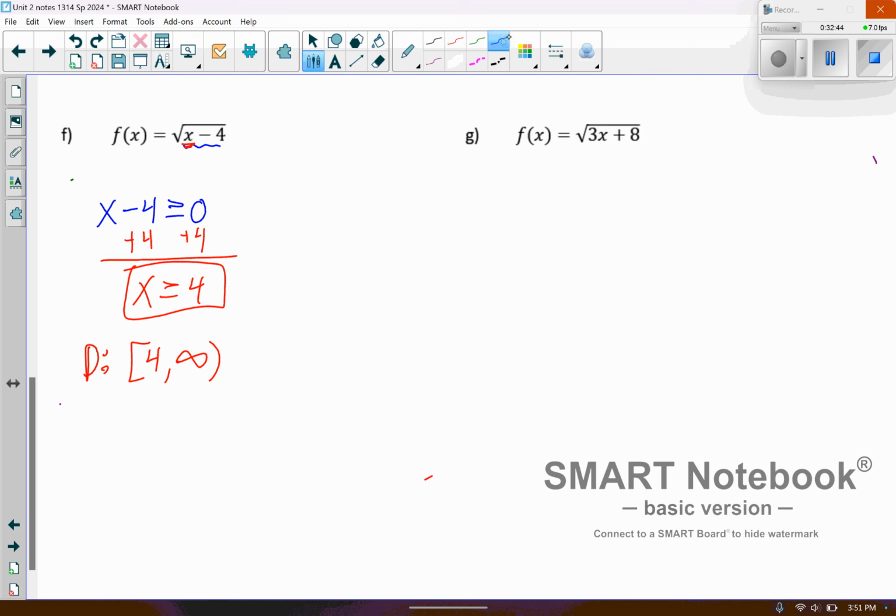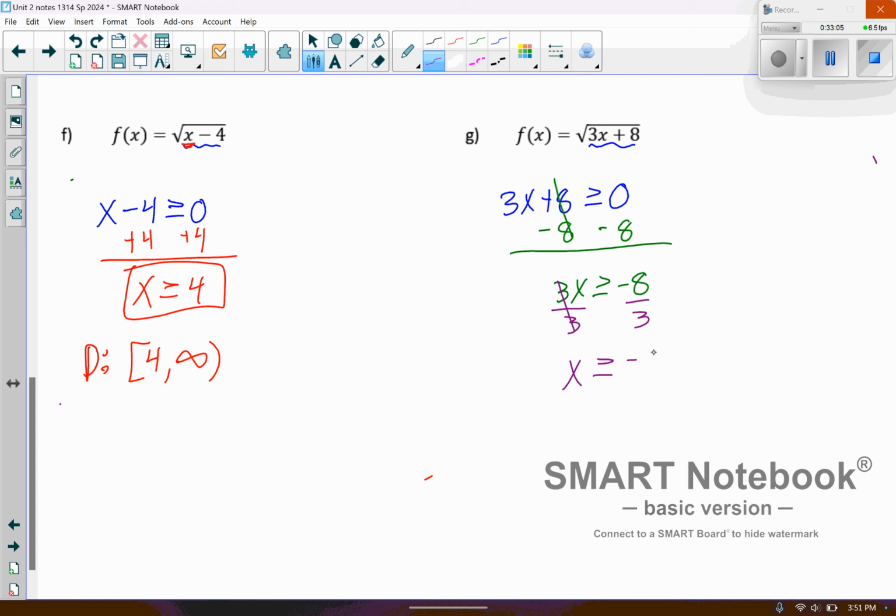G, really not much different. You're going to take this: 3x plus 8 needs to be greater than or equal to 0. And we'll go ahead and solve for x. So then divide by 3 on both sides. So x needs to be greater than or equal to -8/3.